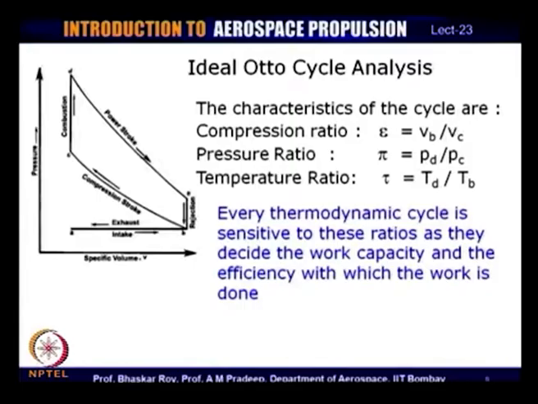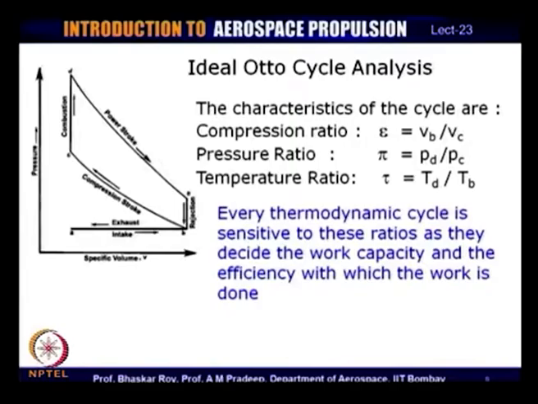The other is the pressure ratio, that is between the pressure occurring between this line and this line, and this is referred to as the pressure ratio. We shall see later on that this pressure ratio has greater importance in other kinds of cycles. In this particular cycle, the compression ratio is a more important item.